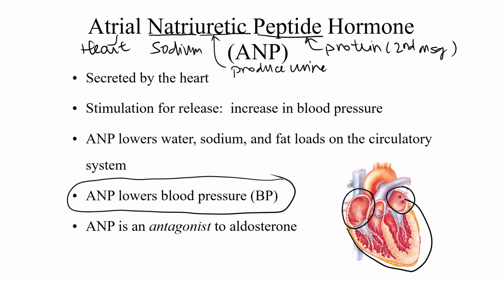Okay, so that's going to help us work as an antagonist, meaning it's working opposite to aldosterone. So make a note here, this is the only hormone that helps to lower blood pressure. Only one, okay? There are others that help to increase blood pressure besides aldosterone, but this is the only one that helps to lower blood pressure.